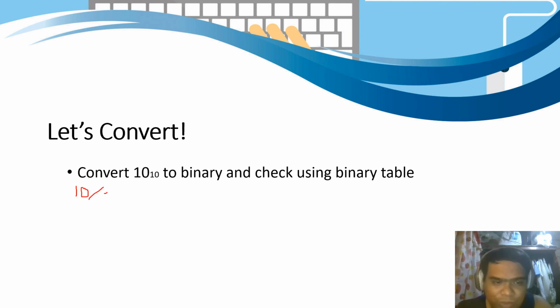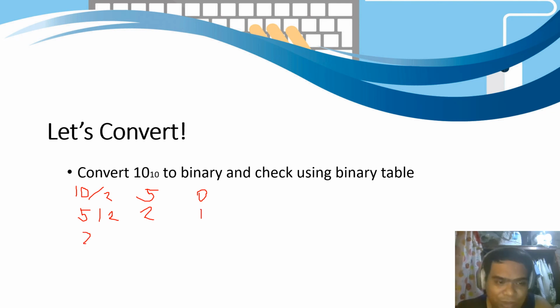Okay, so 10 divided by 2. Divided by 2, that will give you 5. May remainder? Wala. So, 0. Now, si 5, i-divide natin by 2. So, 5 divided by 2, that is 2.5. So, may 0.5, that's 1.